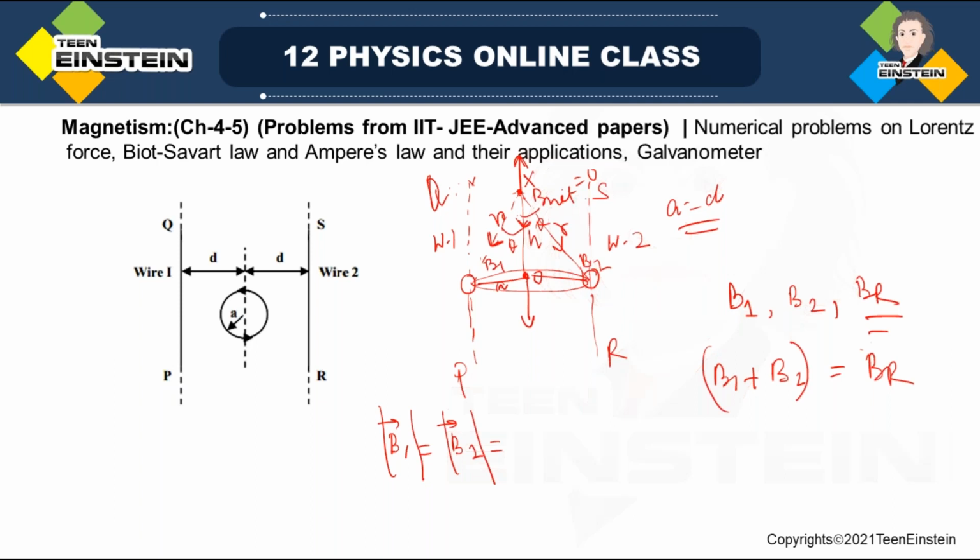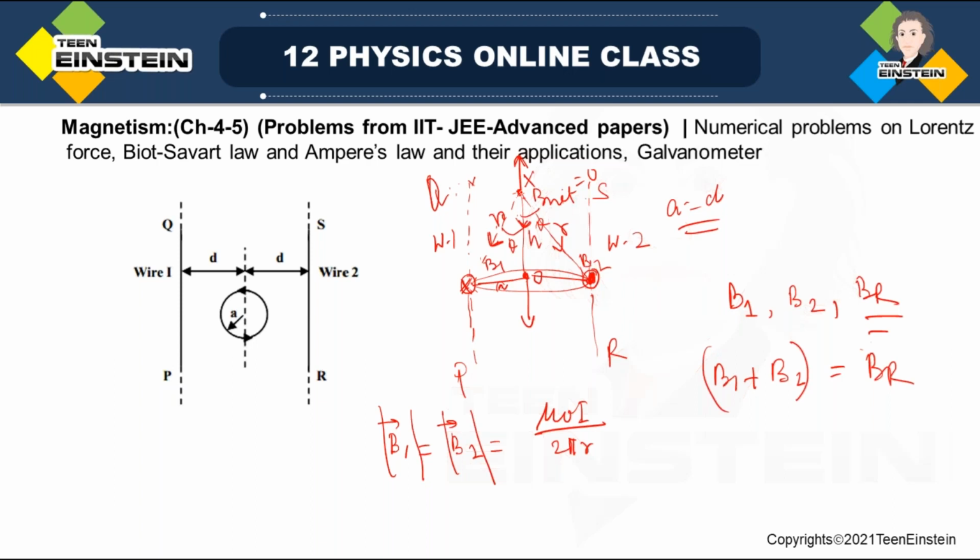Now this magnetic field will be exactly equal to the magnetic field produced by the loop. What is the magnetic field produced by this loop? We know that B_R will be along the upward direction, and it is mu0 I by 2a square.